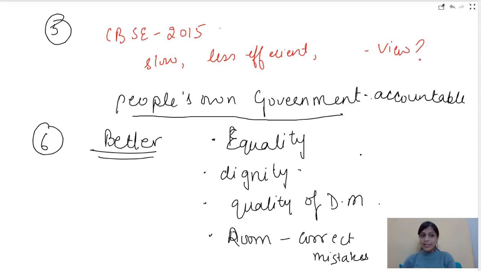And what if I say it provides a method to resolve conflicts that take place? So equality, dignity, quality of decision making, room to correct our own mistakes, and also helps to resolve conflicts.